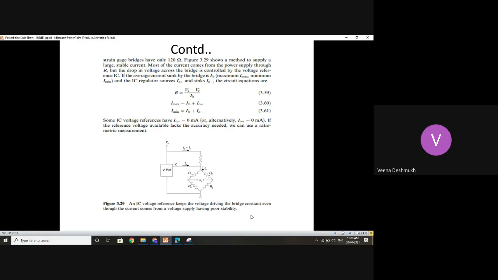Now these variations, depending upon the application, how much variation is in the tolerance limit, that one needs to keep account of. What I mean by this is, I always give the example of a thermometer, where a variation of 1 degree difference can make a difference.